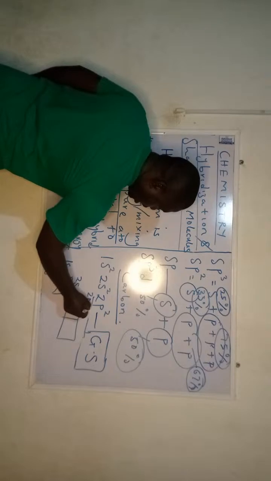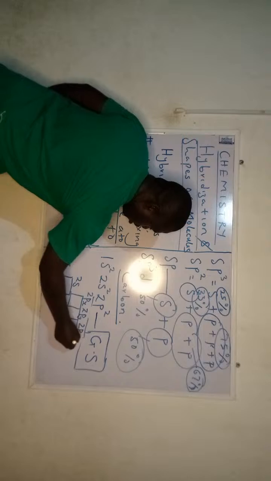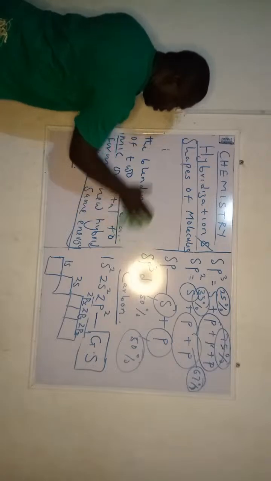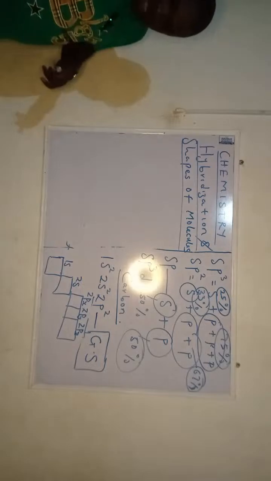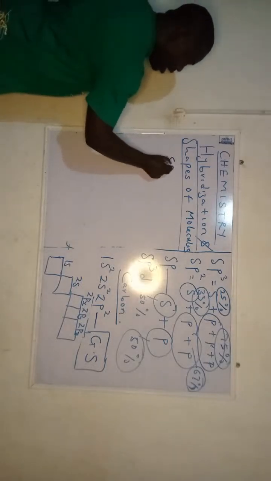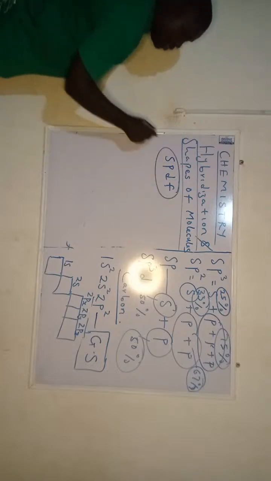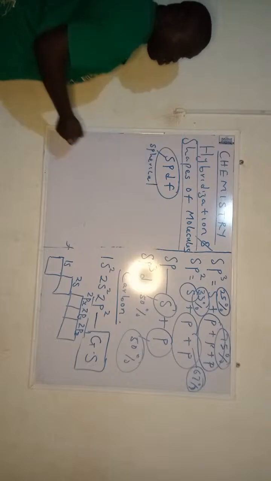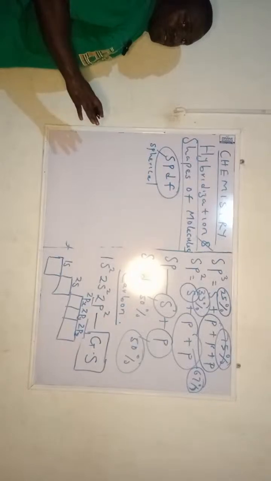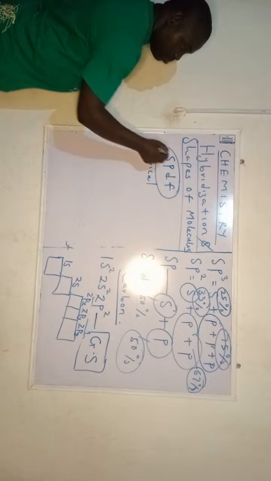Why p orbital has three degenerate orbitals, let me explain that before I start. Not many students will understand what I just did, so it's important I explain that. Actually, we have our s, p, d, f, and in your basic school, you were told that the s orbital is spherical in shape and has no degeneracy, or no degenerate number.